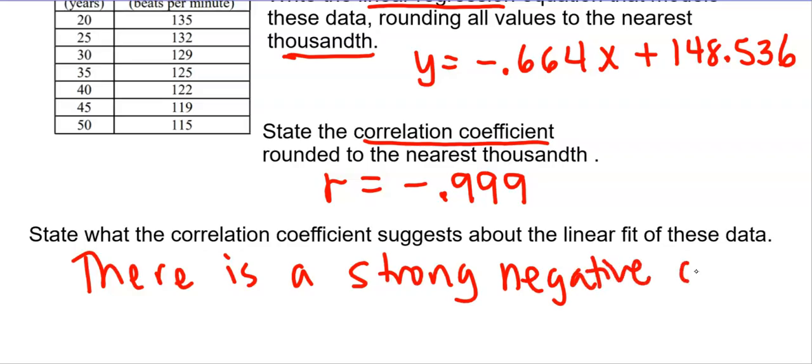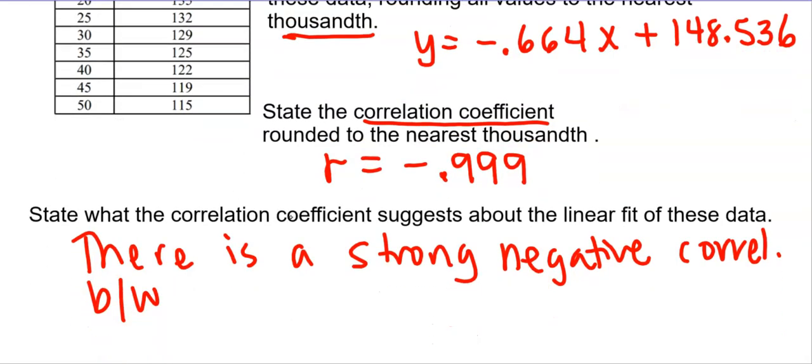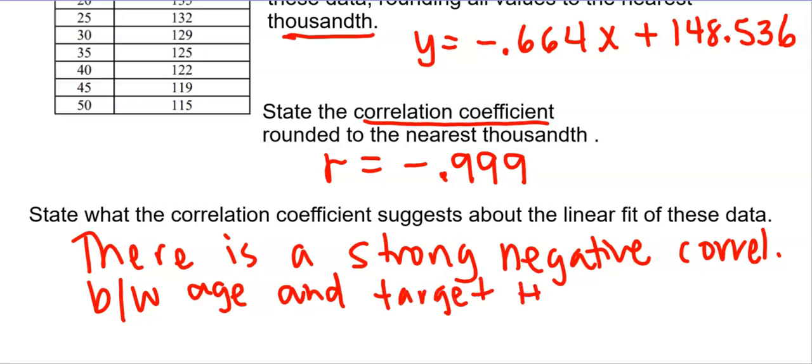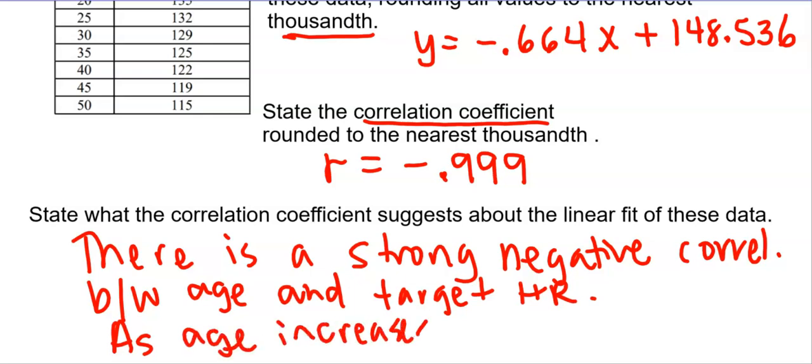There's a strong negative correlation between, and here's where we write the X and Y labels, between age and target heart rate. You can also state, as age increases, that's how it always starts, X increases, heart rate decreases.